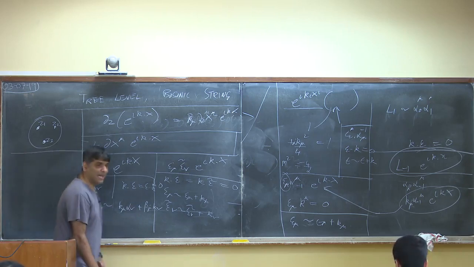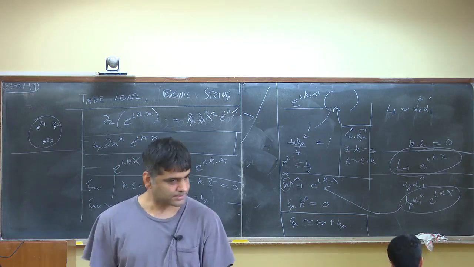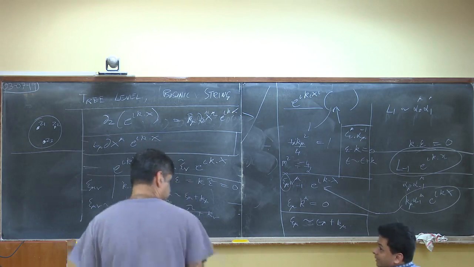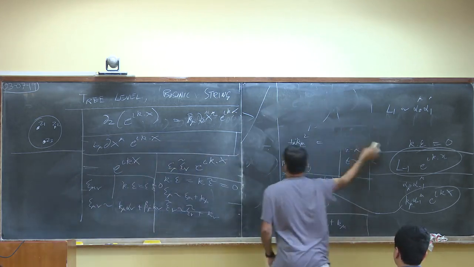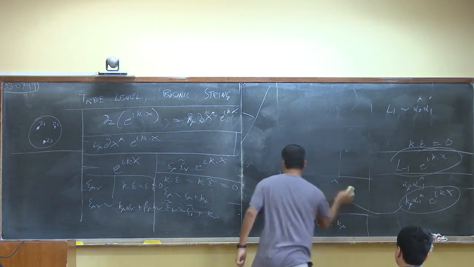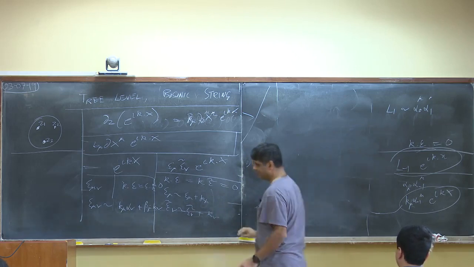Now this zeta mu nu can be decomposed into 3 parts. Let's do that decomposition. It could be decomposed into the symmetric traceless part, the trace, and the antisymmetric part.